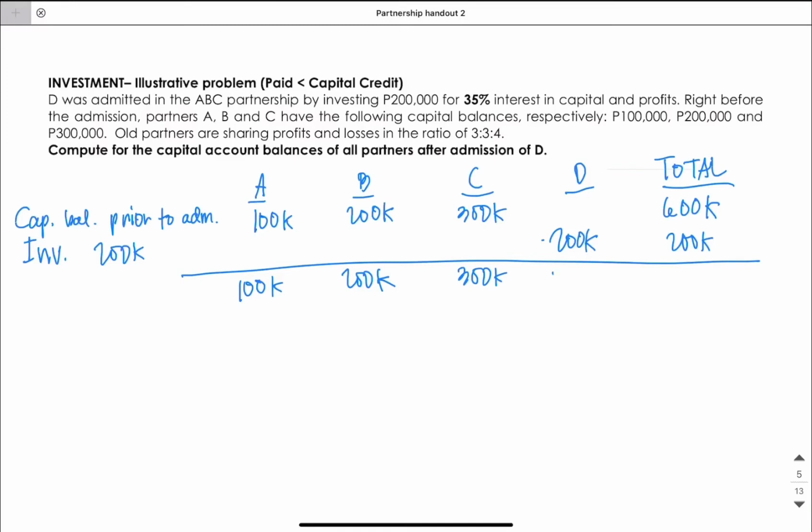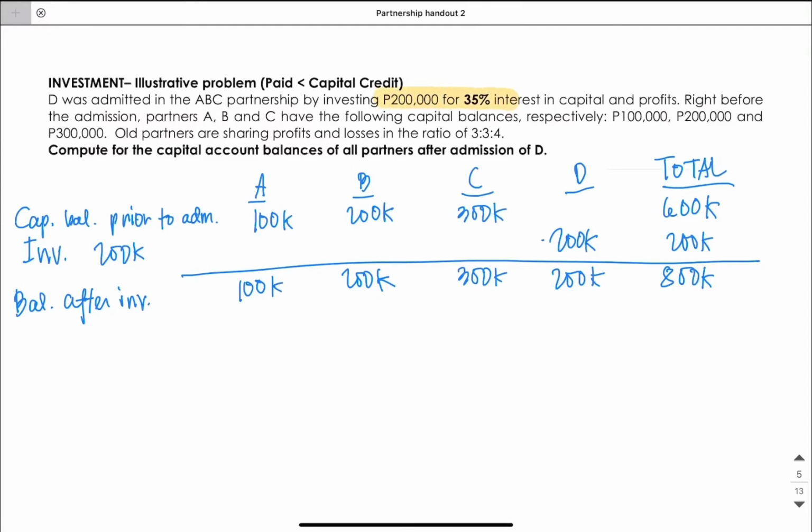Then for the new partner, 200,000 again. So a total of 800,000. So these are your capital balances after the investment of D.